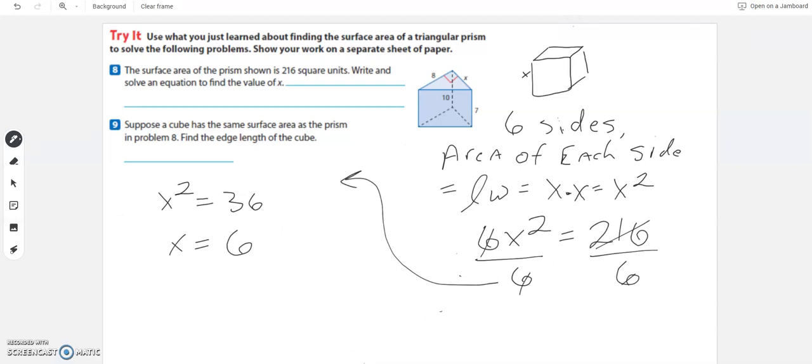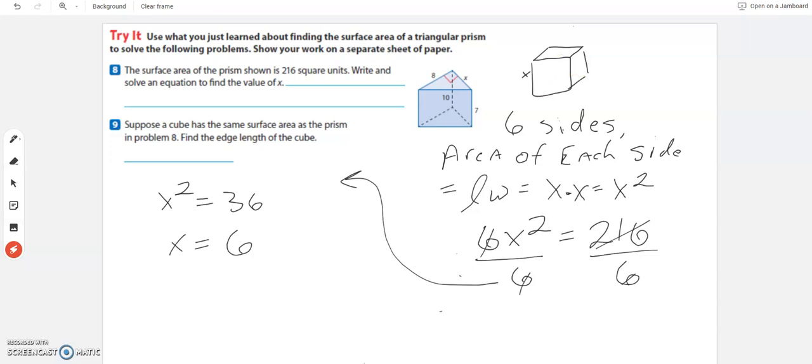We have a cube here where every side is x. There are 6 total sides: front, back, left, right, top, and the bottom, which you can't see, but it's in there.